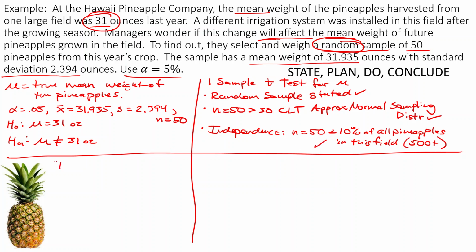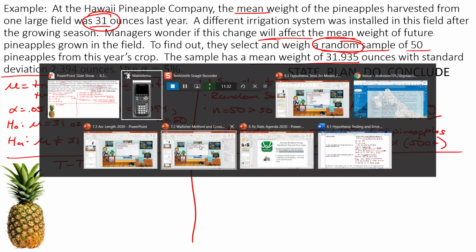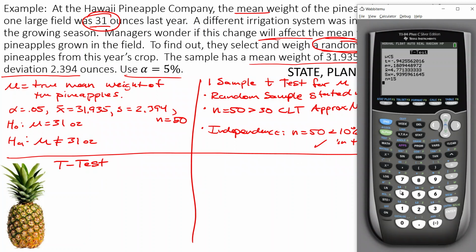All right, so now we're going to go to our calculator and we are going to do a t-test on our calculator. So on stat test number 2, t-test. All right, we are back to having actual statistics now because they gave us the numbers instead of the actual data. Let's see if I can get this right this time. The null hypothesis is that it equals 31.